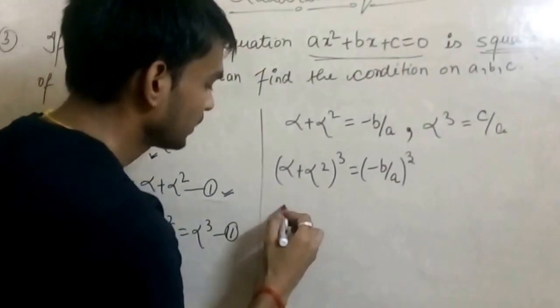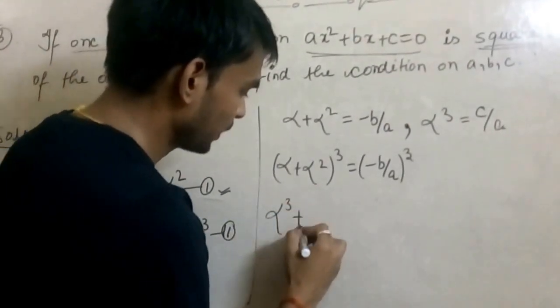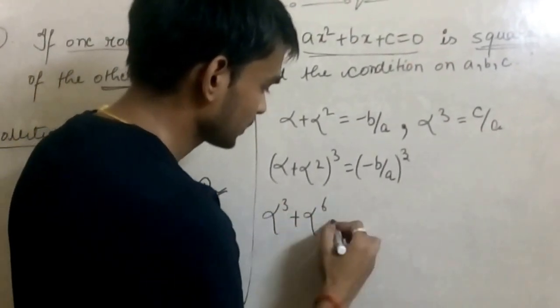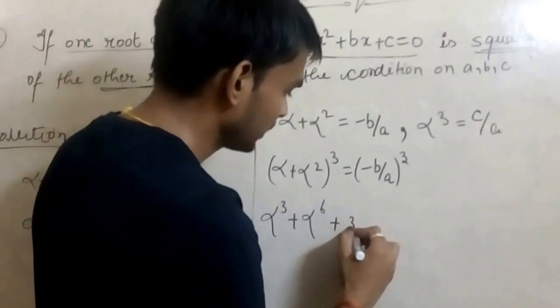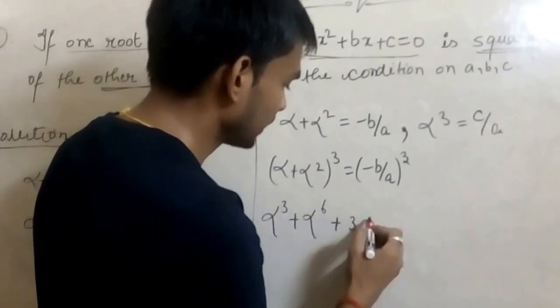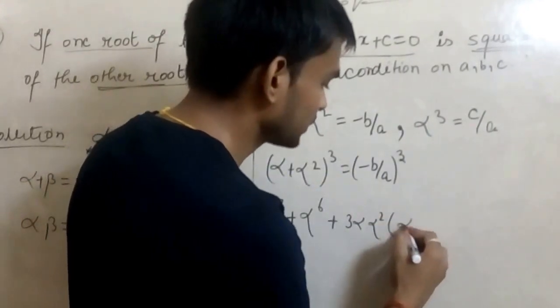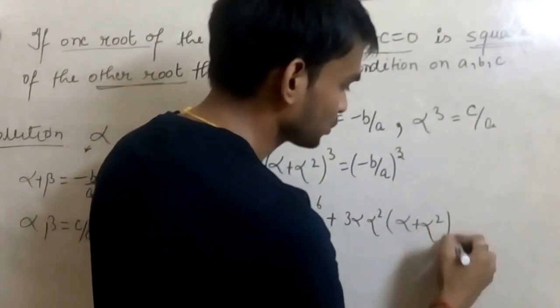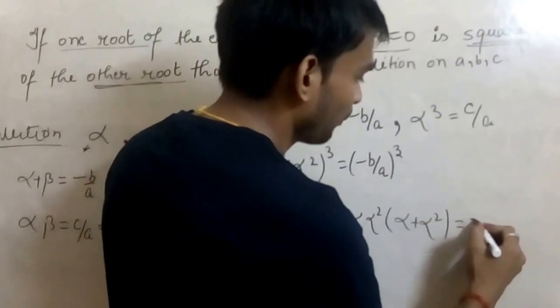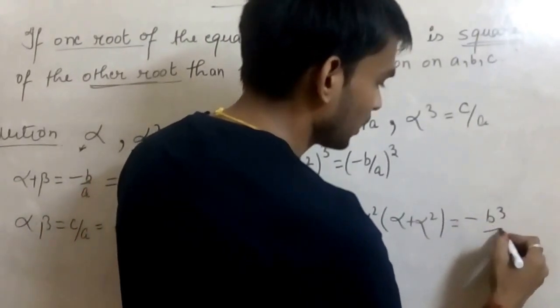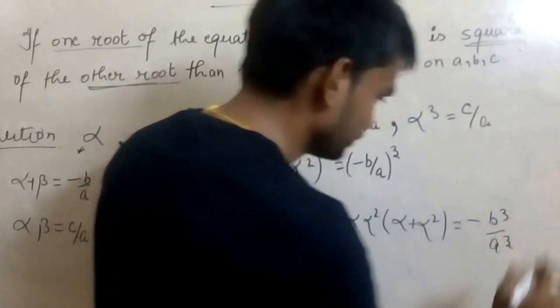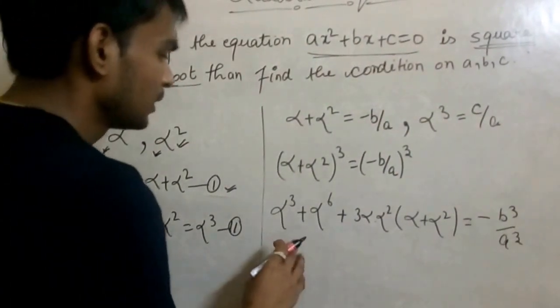Then we get alpha cube plus alpha to the power 6 plus 3 times alpha into alpha square, into the bracket a plus b, meaning alpha plus alpha square, equal to minus b cube divided by a cube.